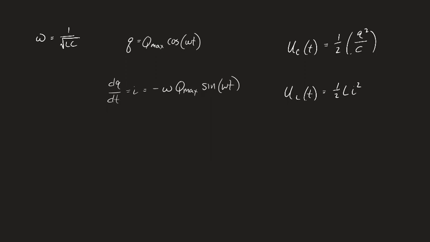You should be able to show that the energy in the system is constant by showing me that the sum of these two equals a constant. You should be able to show this.